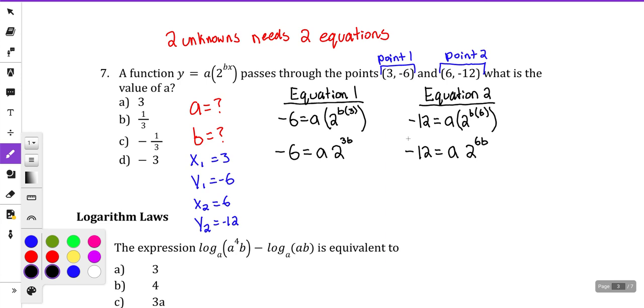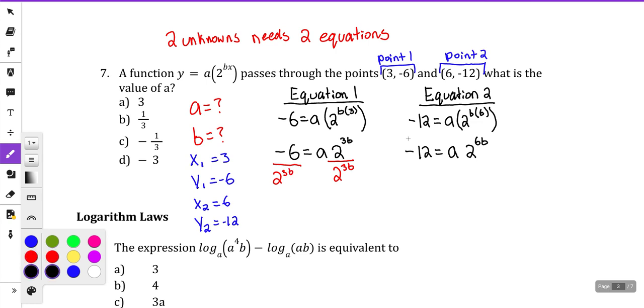Okay, to do substitution, you want to get one of the letters by itself. So I'm going to look at equation number 1, and I'm going to get A by itself. To get A by itself, I'm going to divide that power to the other side. So I now have this.